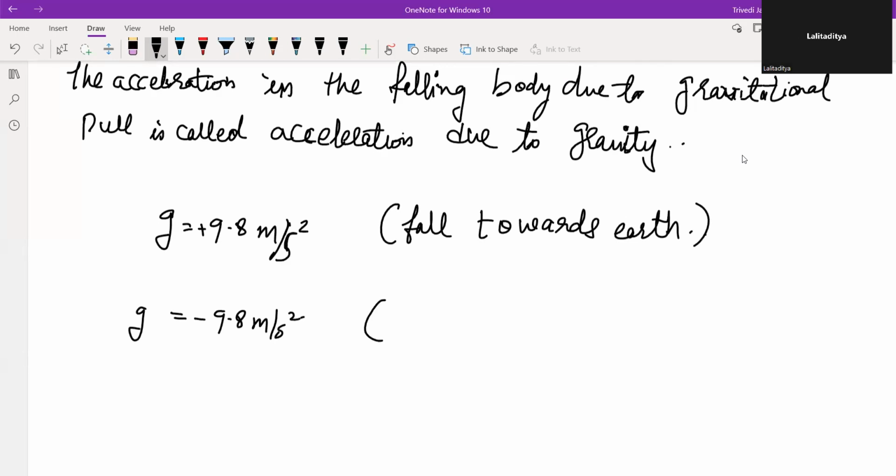So going to space or against gravity, for example going away from Earth.